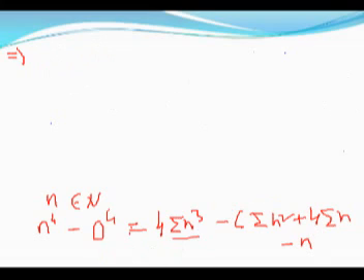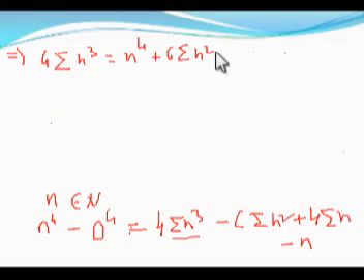Rearranging this, we can write 4 of summation n cube, which we have to find out, will be n to the power 4 plus 6 into summation n square minus 4 into summation n plus n.